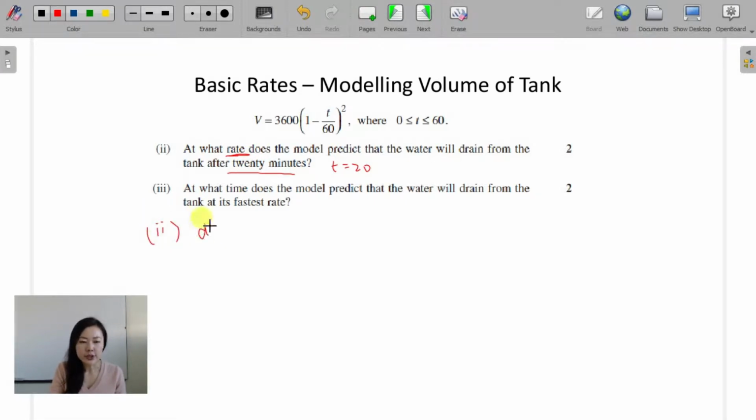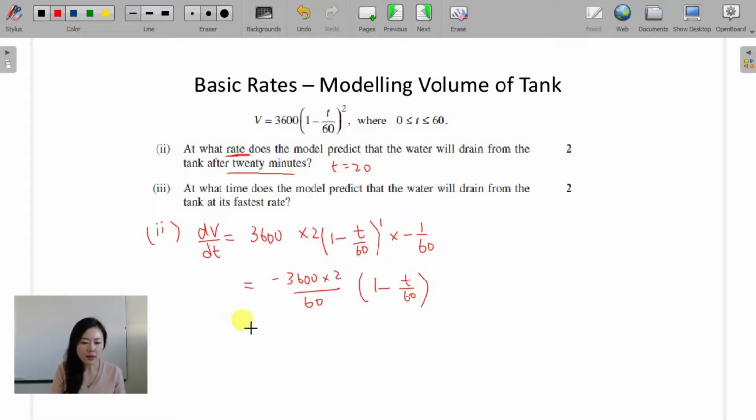So we're going to differentiate that with respect to time once using the chain rule. Bring the power down, subtract the power by 1, times the derivative of the inside. Simplify that. So we've got minus 3600 times 2 over 60.